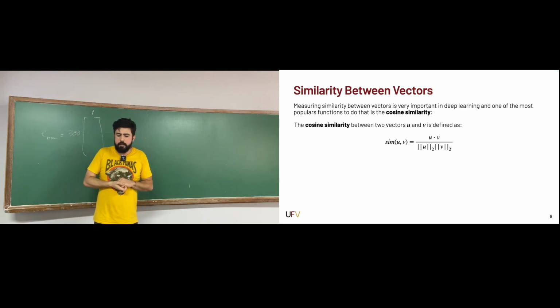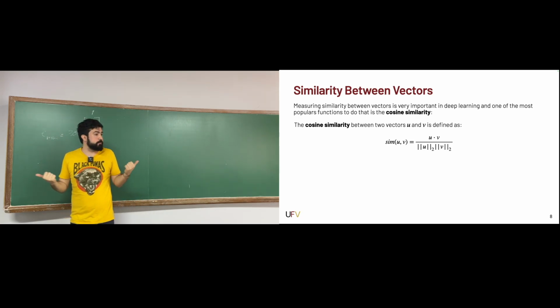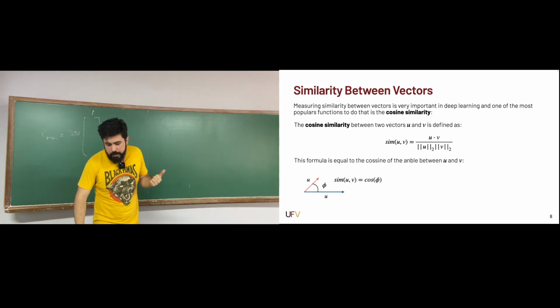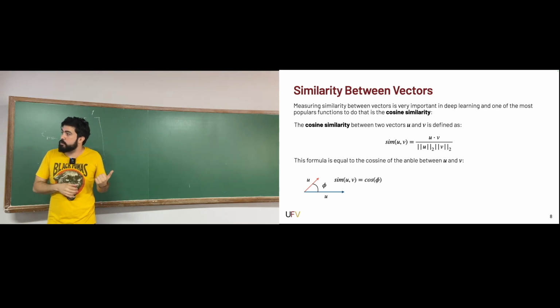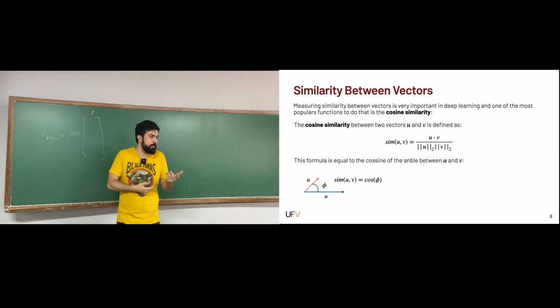This value ranges from -1 to 1, because we're normalizing the dot product. And if you remember from linear algebra, this metric can be seen as the cosine of the angle between these two vectors. That's why it's called cosine similarity.